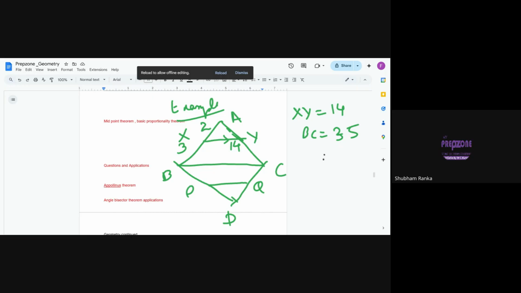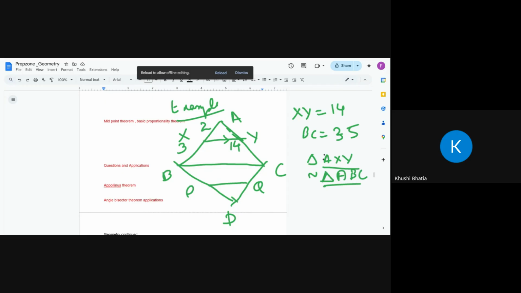And also the good thing is if you look at triangle AXY, that is going to be similar to triangle ABC. It is also connected to the same idea which we are discussing now. So that means I can also say that this length XY upon BC will be the same ratio.